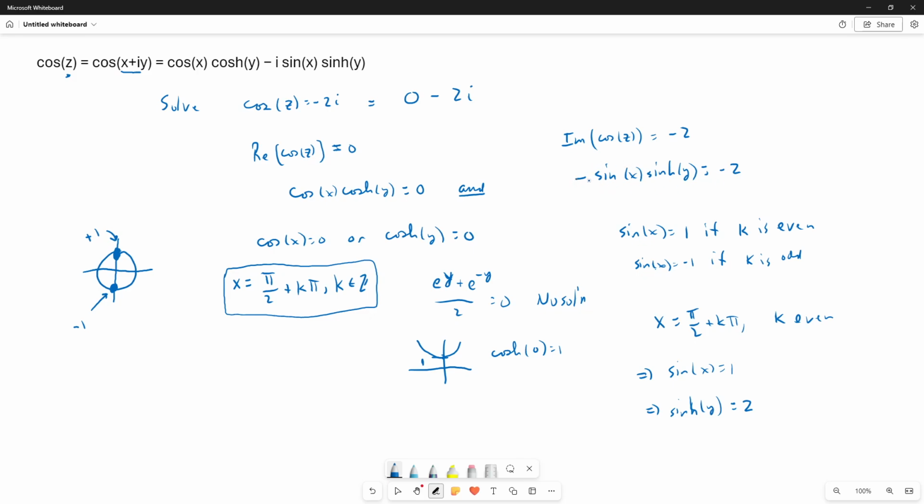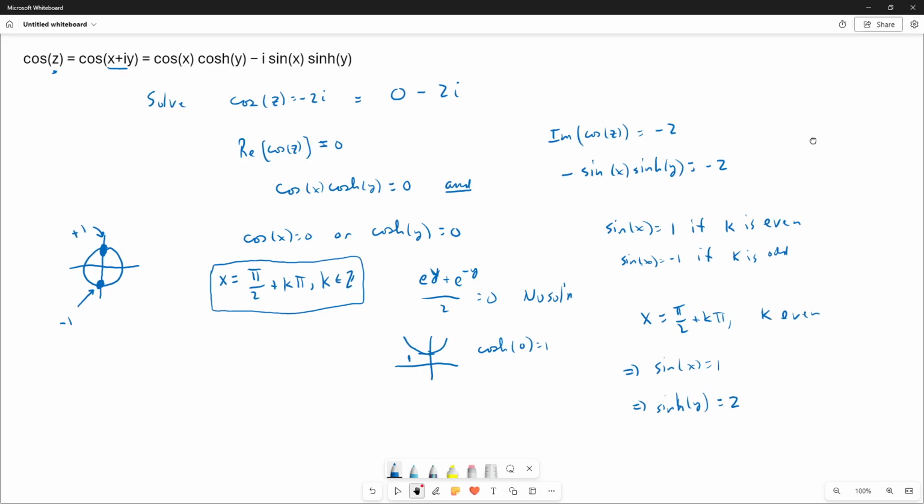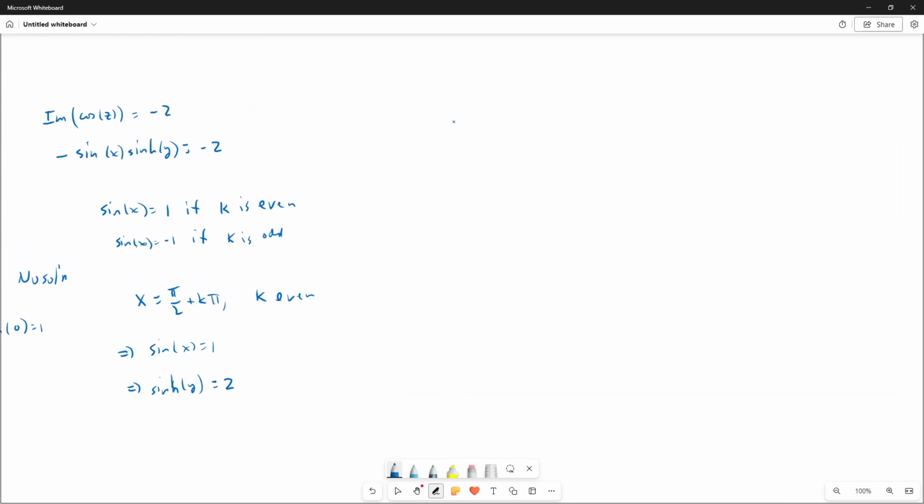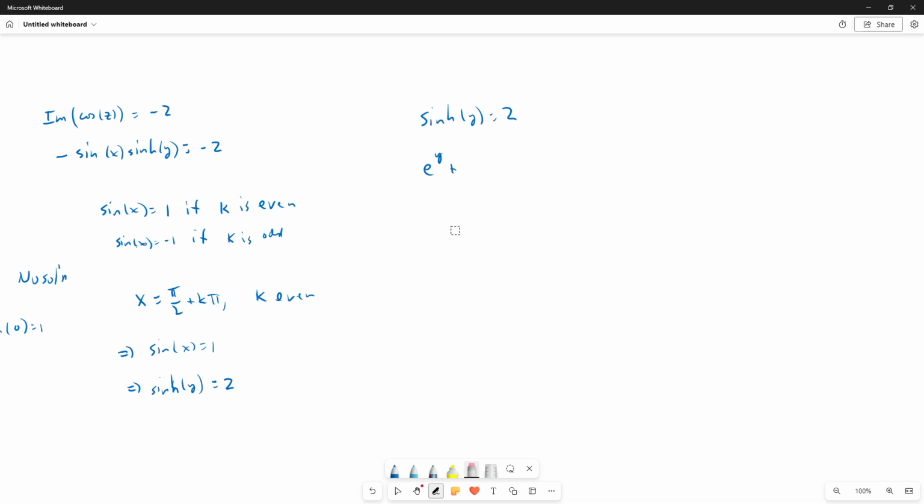So the negatives cancel, and we get hyperbolic sine of y equals 2. So we have to solve this equation for y. So hyperbolic sine of y is equal to 2. That gives us e to the y minus, the hyperbolic sine has a minus, e to the minus y over 2 is equal to 2.